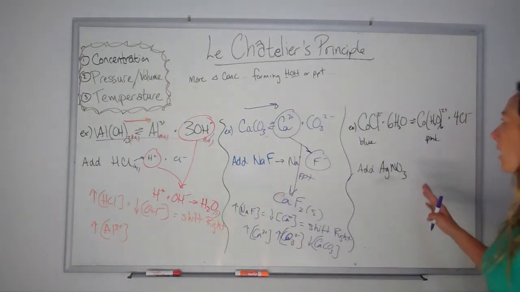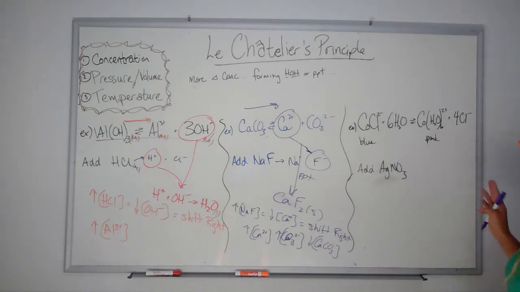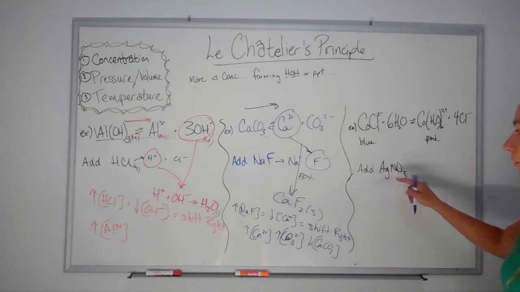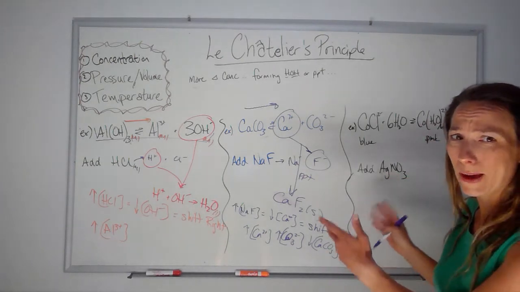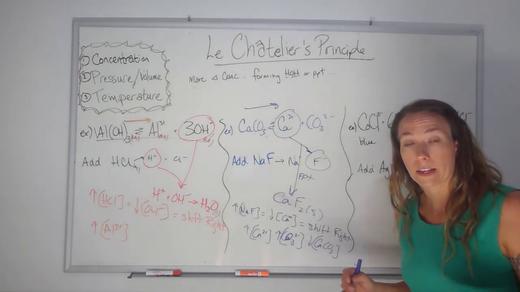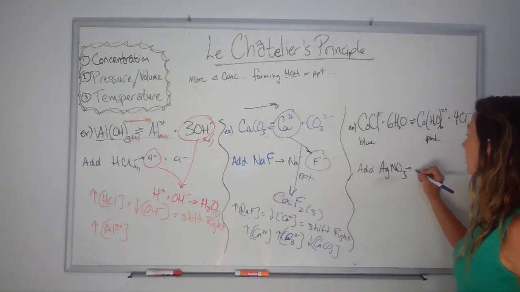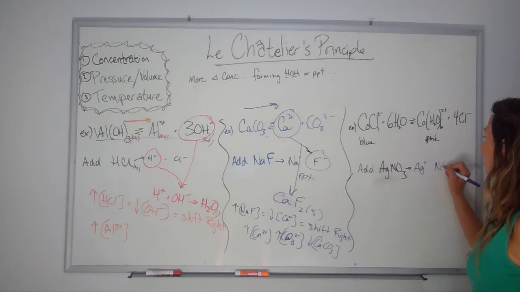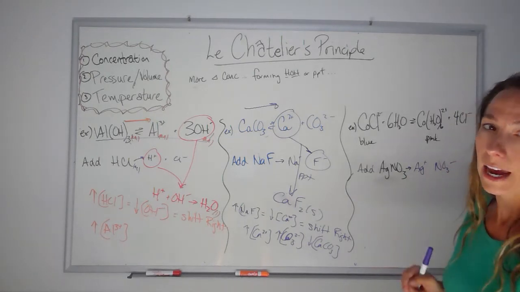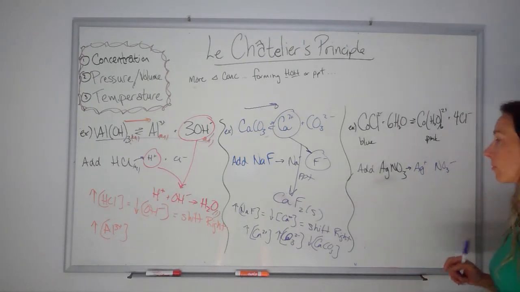So if I have this reaction here, and I'm going to add some silver nitrate, and then I remember, oh yes, I'm supposed to think again, look at my species list: Ag+, NO3-. It can't form water, but I can form a precipitate.